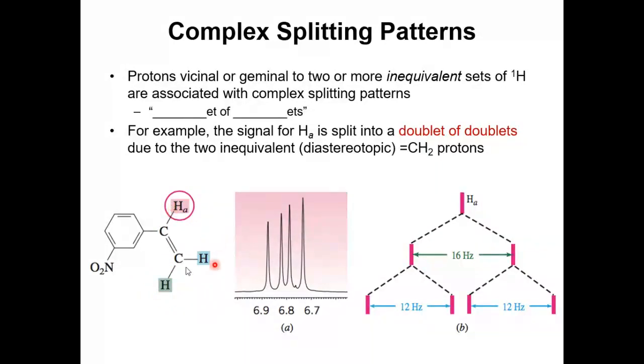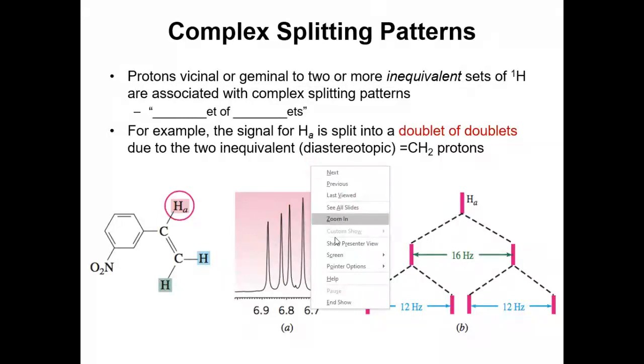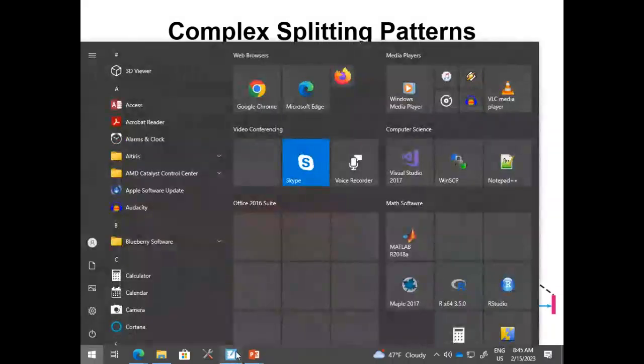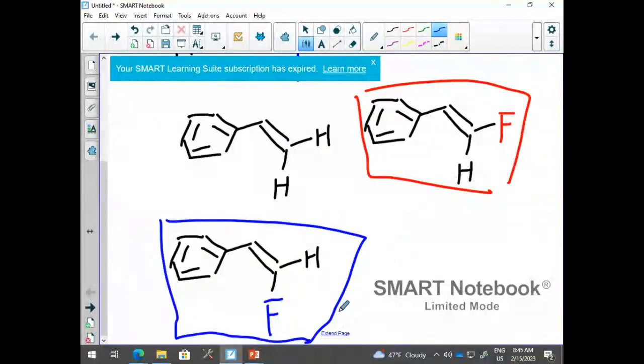Each one of them will be split by this one into 2 lines. So the total is 1 plus 1, the impact of this proton on HA, multiplied by the impact of the other proton on HA, 1 plus 1, which equals 4 lines.